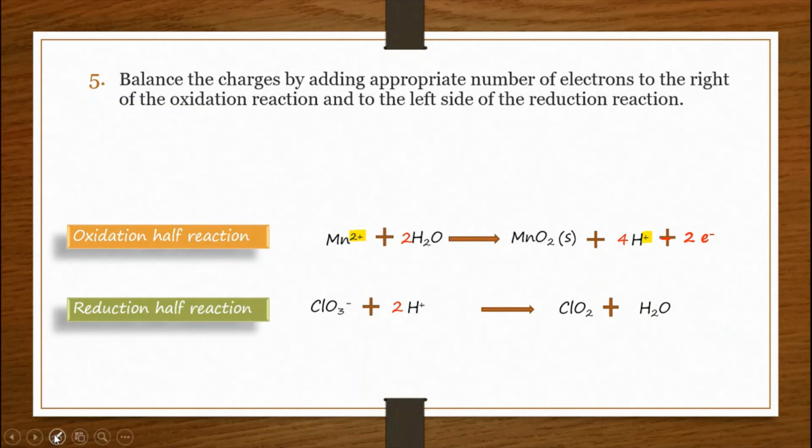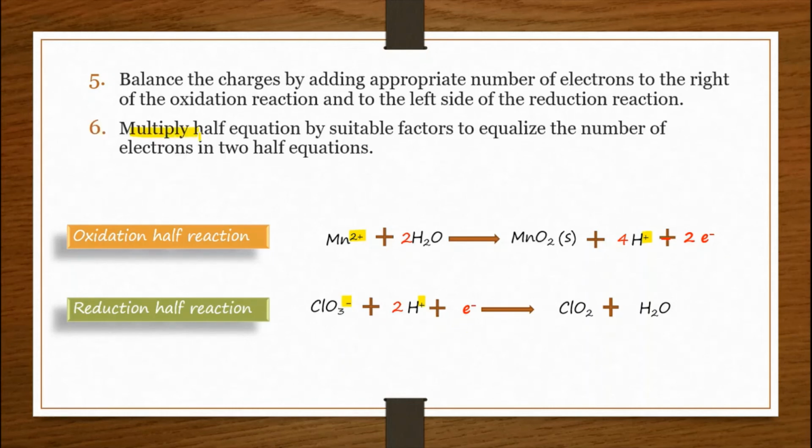In the reduction half reaction there is -1 charge and 2 multiplied by +1. That means the overall charge is +1. So we have to add 1 electron to the left side of the equation. Now multiply the half equation by a suitable factor to equalize the number of electrons in the two half equations.